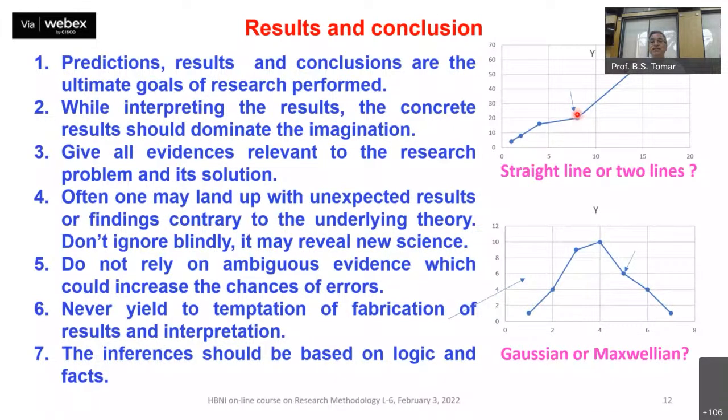So if the data is here, they will beautifully fit into an equation, a straight line. This is in fact a theoretical line. Now, what I did, this data is slightly pushed down. Now, if you look at it, you may be tempted to conclude that there are two straight paths, one is this, one is this.